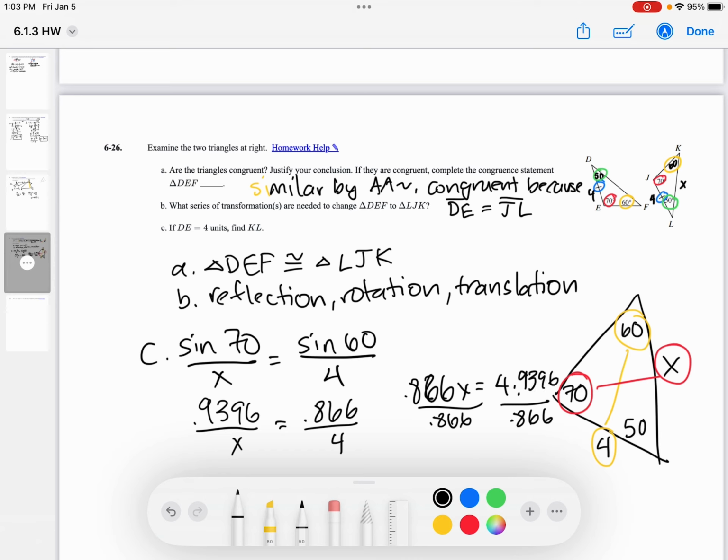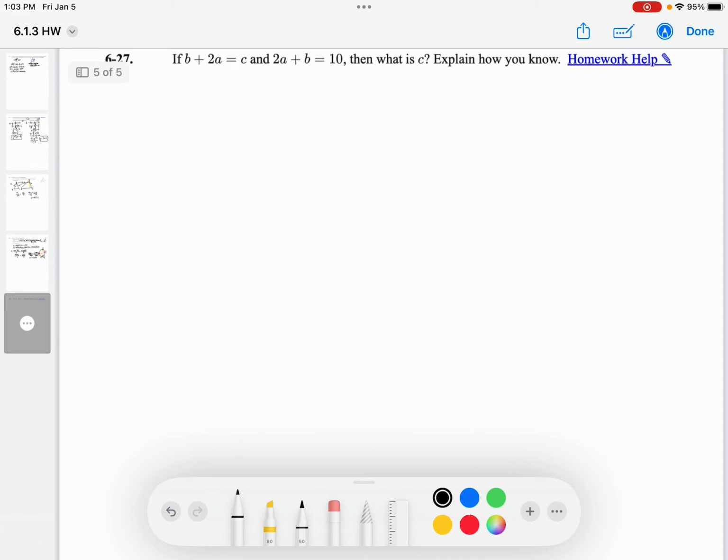So that times 4 divided by the sine of 60, I get that x equals 4.34. Great.